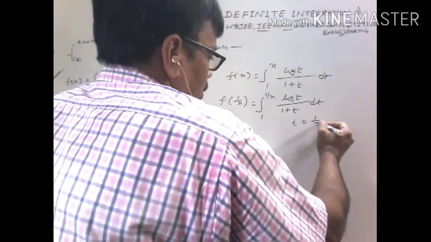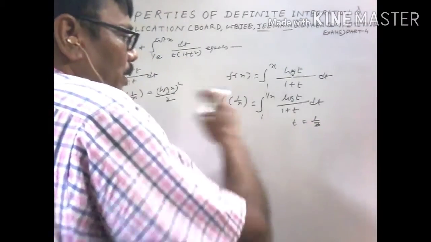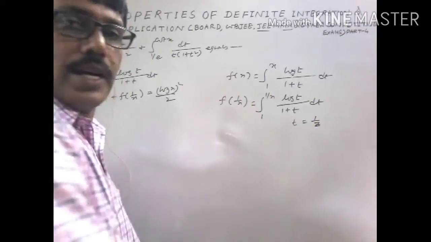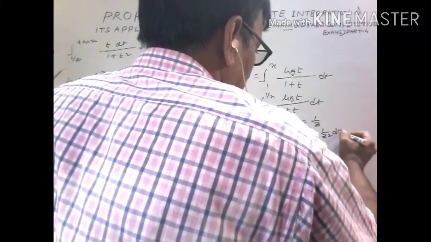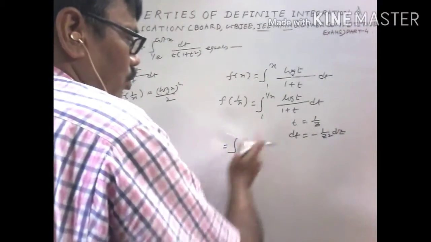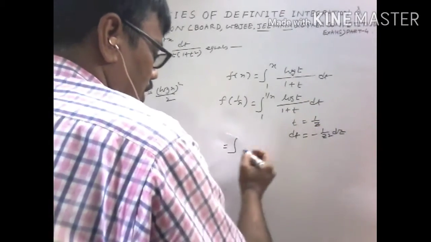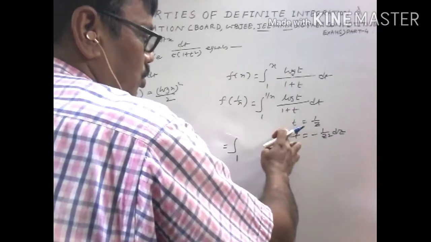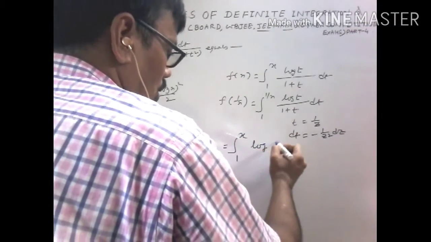Suppose t equals 1 by z. If we put this transformation, look, this limit 1 by x will be x. So what is dt? Minus 1 by z square dz. If t equals 1, then z equals 1. T equals 1 by x, z equals x.